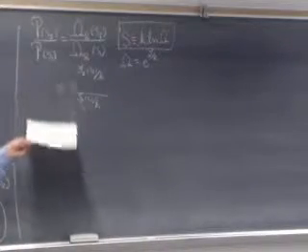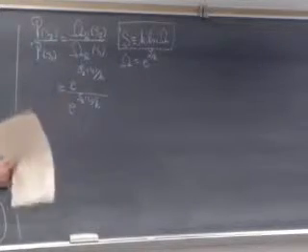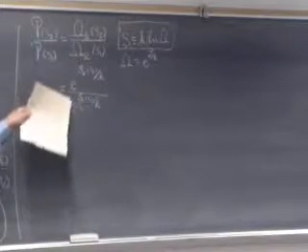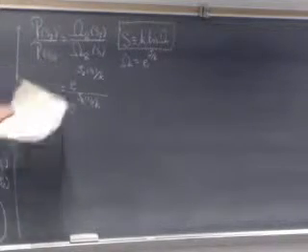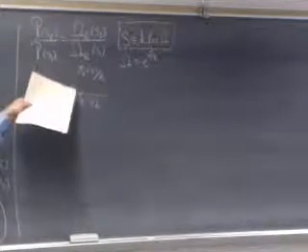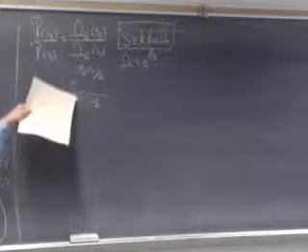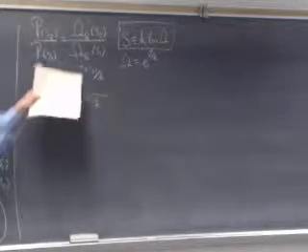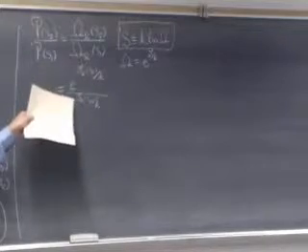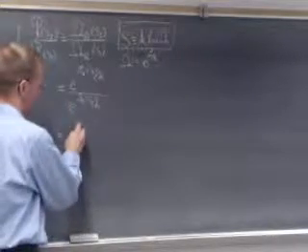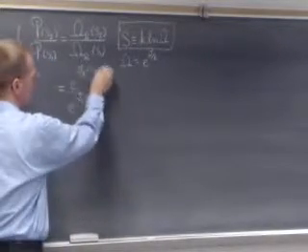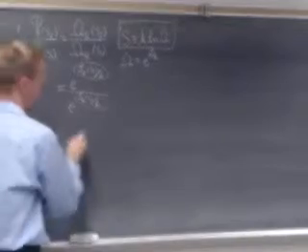It's a little bit of a mess, a ratio of two exponentials. But remember, if I've got the same base here, e in this case, e to the this divided by e to the that is simply e to the numerator exponent minus denominator exponent.